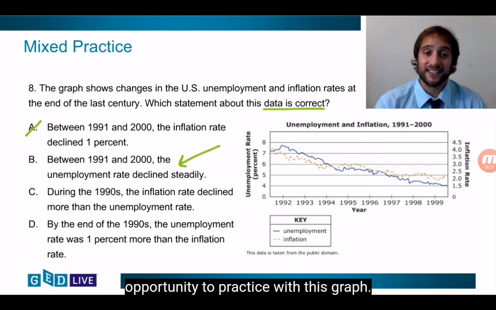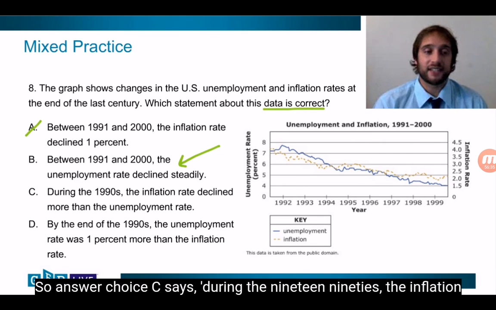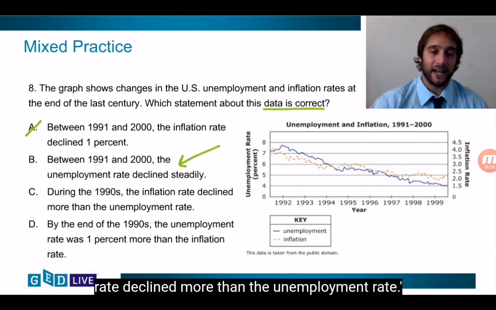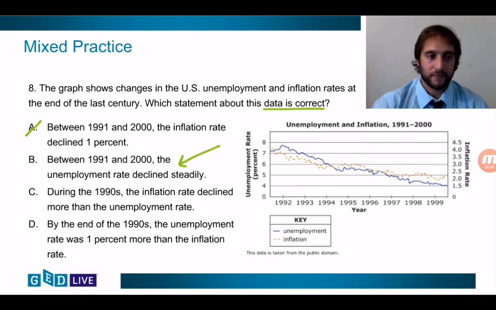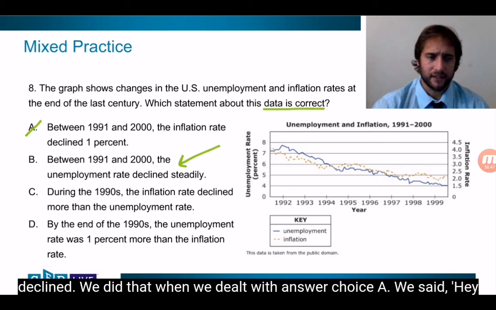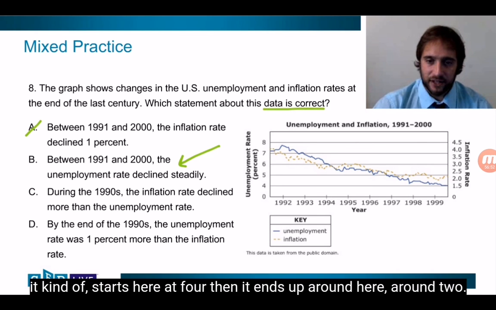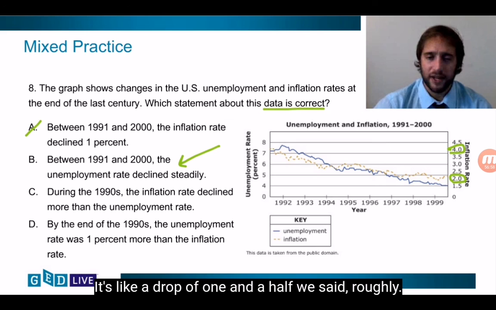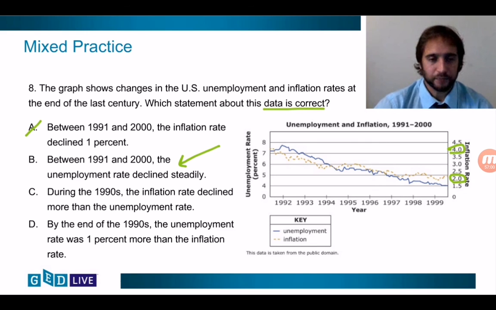because it's going to give us some more opportunity to practice with this graph. So answer choice C says during the 1990s, the inflation rate declined more than the unemployment rate. Well, we have kind of already discussed how that inflation rate declined. We did that when we dealt with answer choice A. We said, hey, it kind of starts here at 4, and then it ends up around here, around 2. So it's a drop of 1.5, we said, roughly.